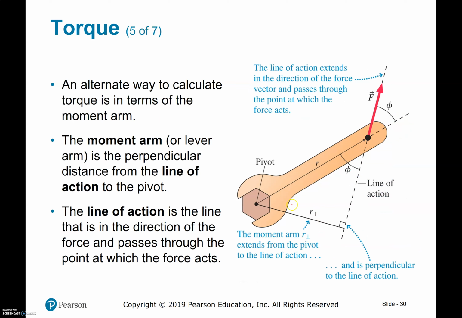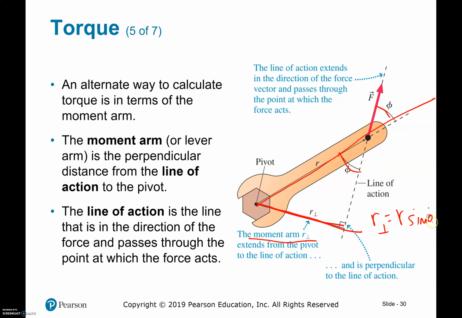Another way is to look at this distance here, and that is called the moment arm of the torque. If you trace a line here and trace another line here, this distance here is your moment arm. And that distance, this angle and this angle are the same. So R perpendicular, the moment arm, is R sine phi.